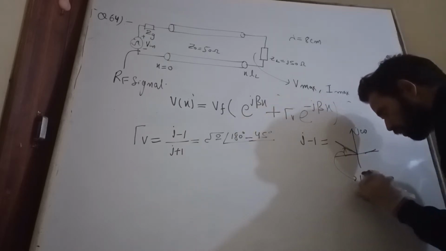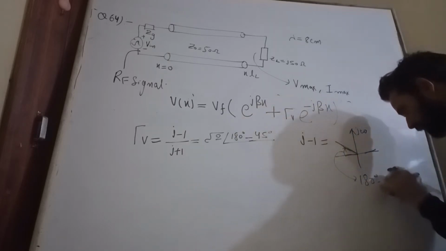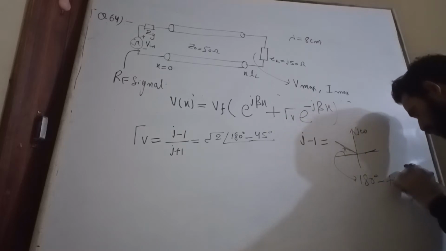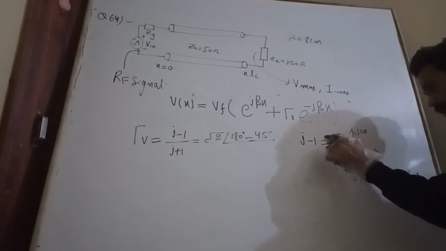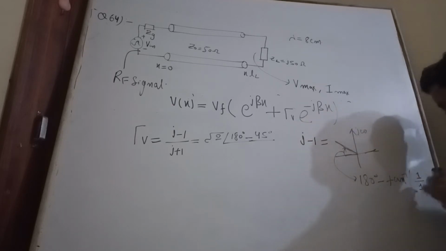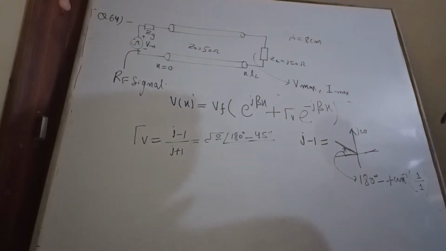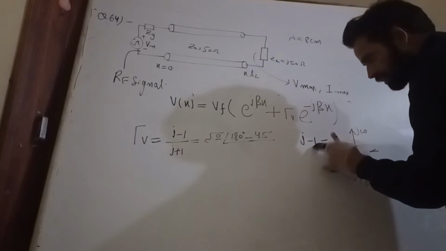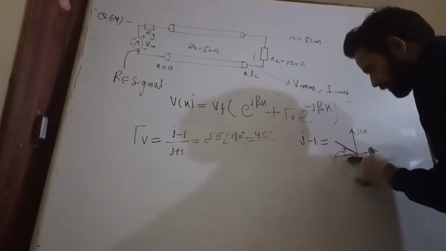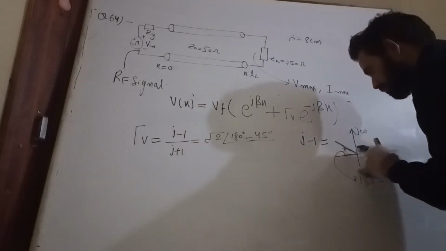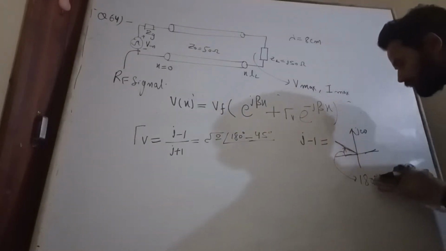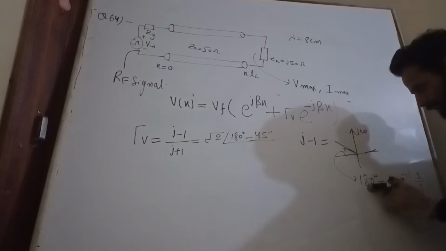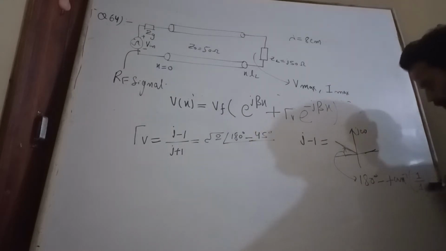This means it is 180 degrees minus tan inverse of the imaginary part 1 upon the real part 1. Because the real part is negative and the imaginary part is positive, it is in the second quadrant. That's why we wrote 180 degrees minus tan inverse 1 by 1.